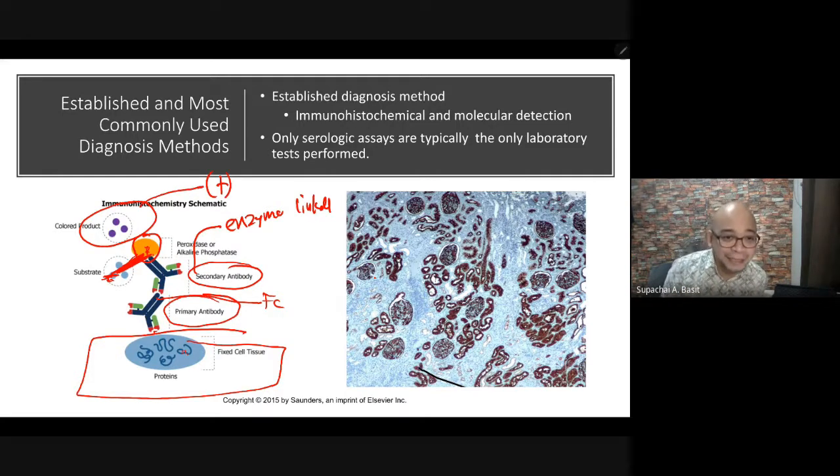If the person was not infected, he won't have primary antibody, and you won't be able to see any colored product. So that's the very principle of the immunohistochemistry method. This is a more established method and safer for the diagnosis of rickettsial infection.